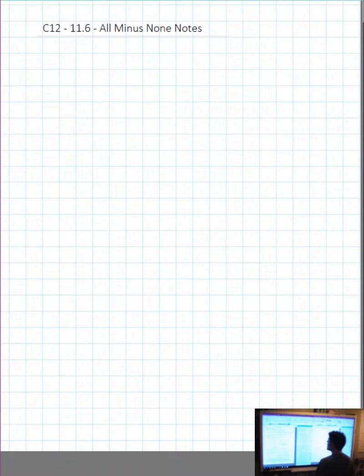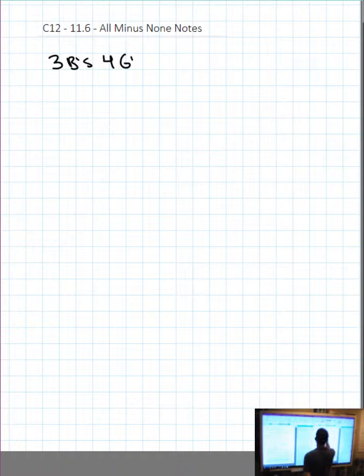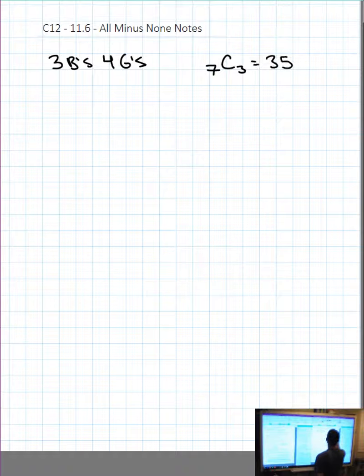Okay, a little on what's called all minus none. So we have 3 boys and 4 girls. I'm going to sum up that information: 3 B's, 4 G's. How many different ways can we make a group of 3 with no restrictions? Well, with no restrictions, we're choosing 3 of the 7, 7C3, and that is equal to 35.